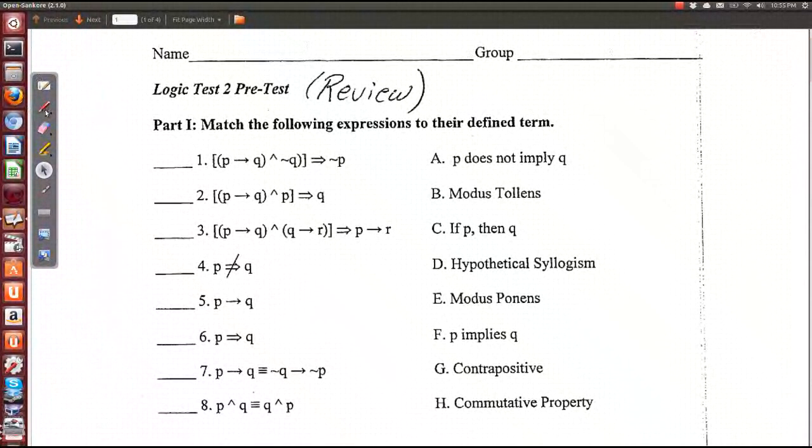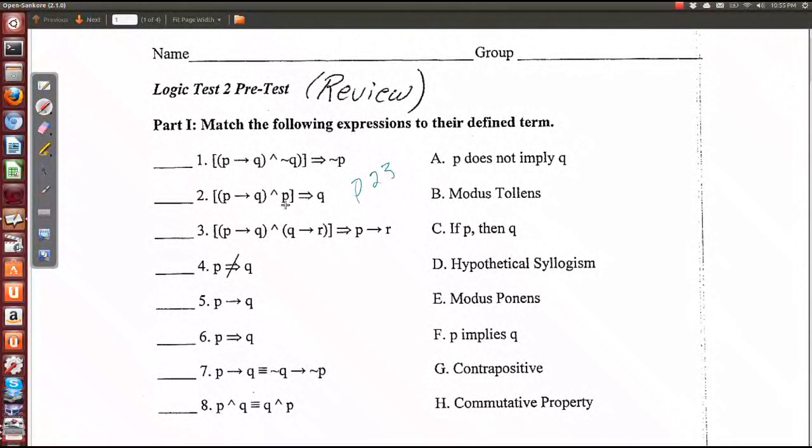So what we're going to be doing is going over the review. Our first part is matching up some terms. So I'm asking if you can recognize several of the arguments that we have. The first three that we have here are the arguments that we remember from page 23.